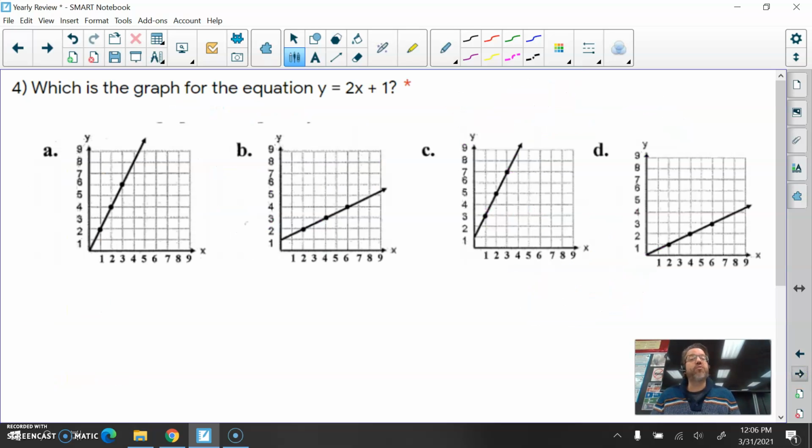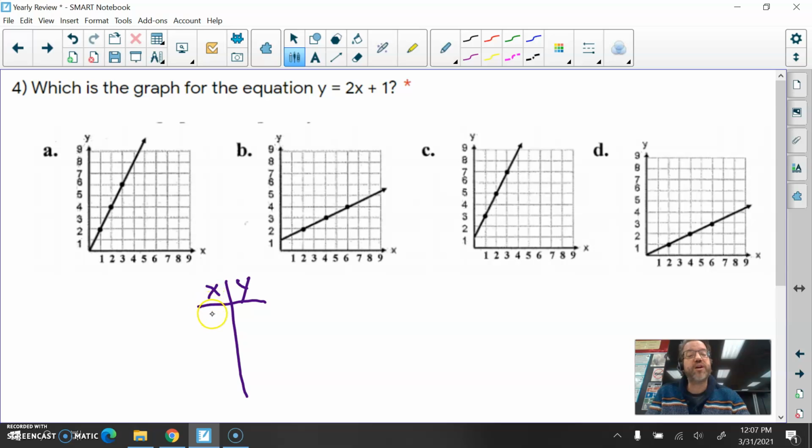All right, number 4, which is the graph for the equation y equals 2x plus 1? Don't try solving a problem like this unless you make a table first, an XY table. You really need to make an XY table to solve a problem like this. And then what you'll want to do is choose some values for x.